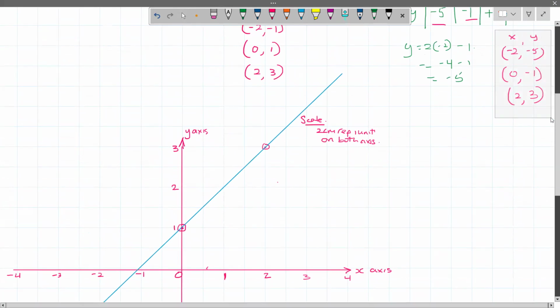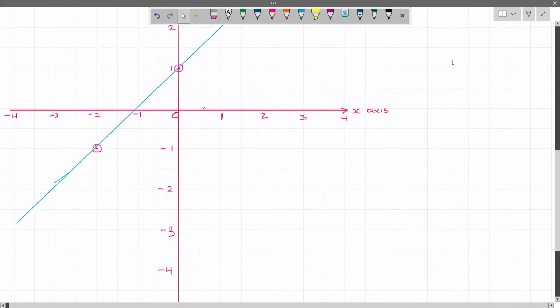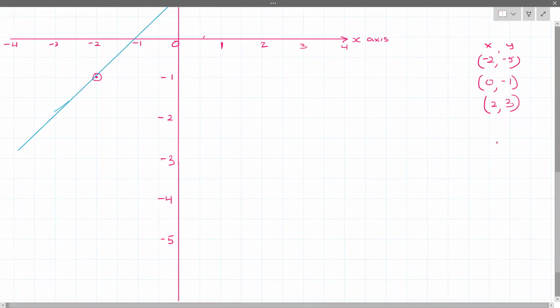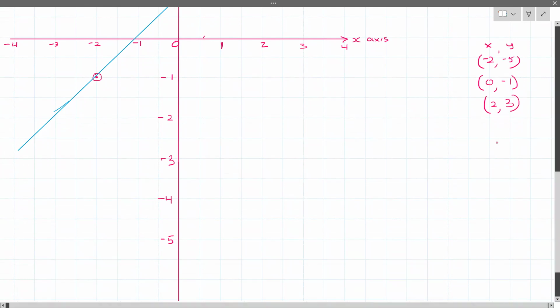I'm borrowing these points, so I'm dropping them a little closer so that we could see what we're doing. Just going to write them on the side here, right? So again, -2 and -5. So we're going 2 to the left and then 5 down. So 2 to the left and 5 down. 1, 2, 3, 4, 5. So you see it's in line with -2 and in line with -5.